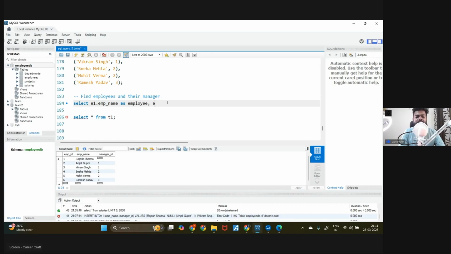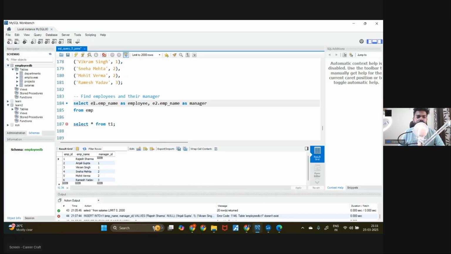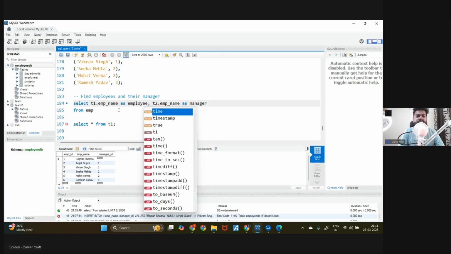And E2.emp_name AS manager. Done, the first thing. Now FROM employee, actually I'm writing wrong because this is T1. So T1.employee_name AS employee, then T2.employee_name AS manager.